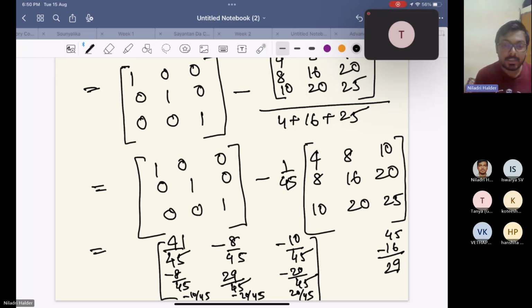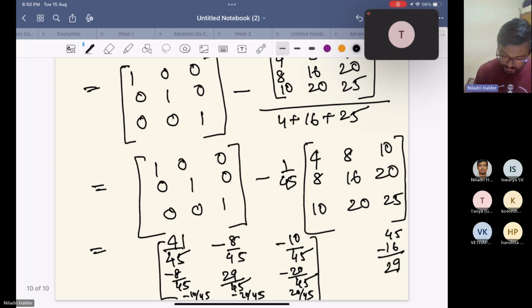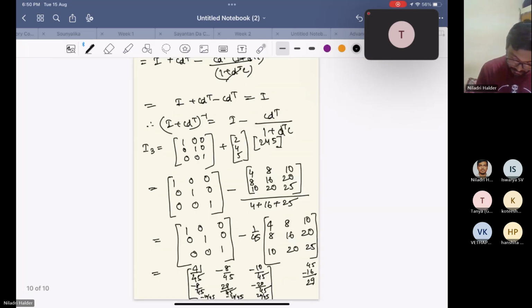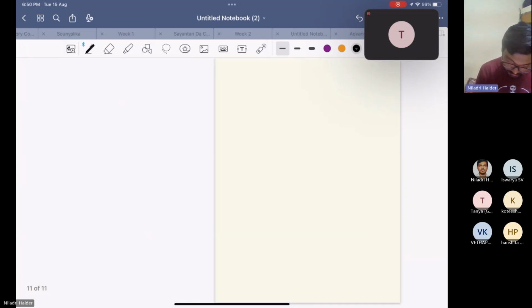So maybe, yeah, this is the inverted matrix, but you can check properly whether there is a calculation mistake or not.